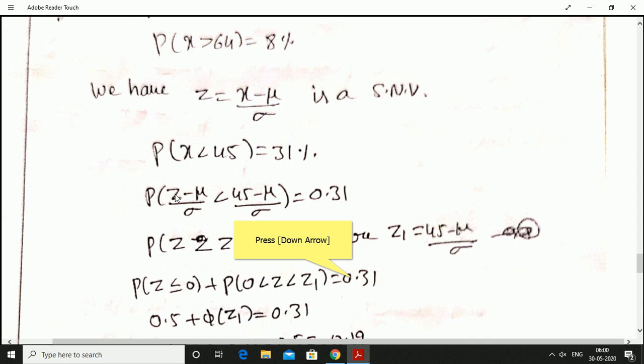(X minus mu) by sigma is z, less than (45 minus mu) by sigma, I call it z1, is equal to 0.31, where z1 is equal to (45 minus mu) by sigma. Probability of z less than z1, we think z1 will be in the positive region. That can be split as probability of z less than or equal to 0 plus probability of 0 less than z less than z1 is 0.31.